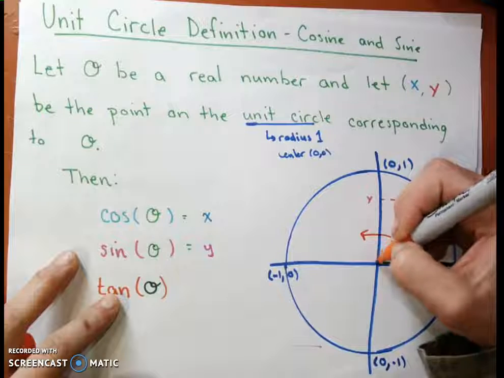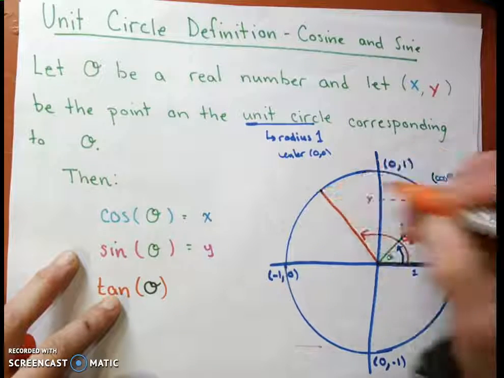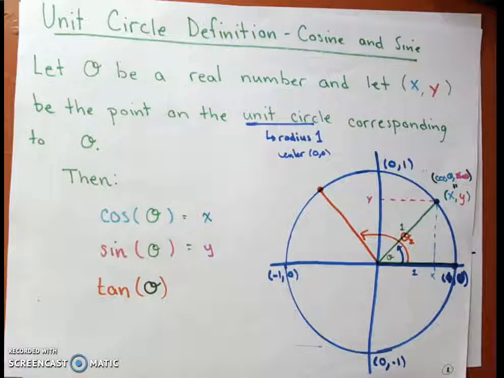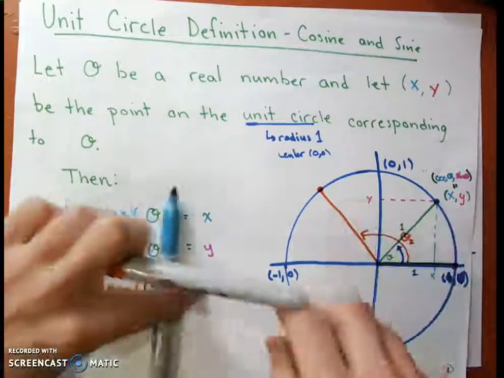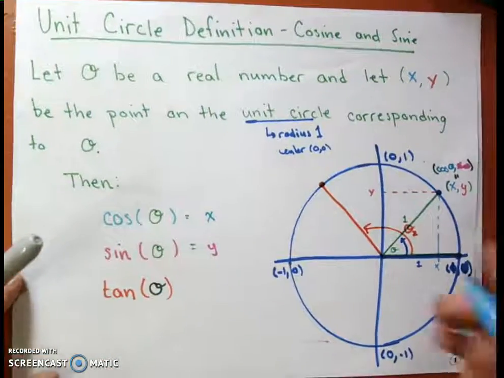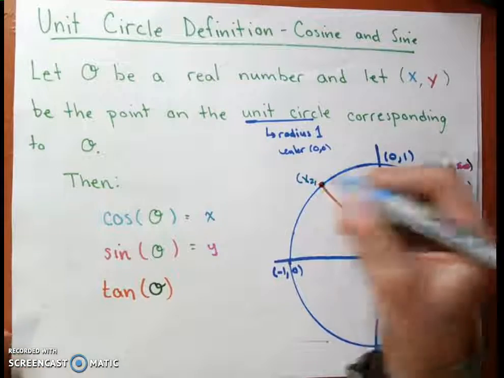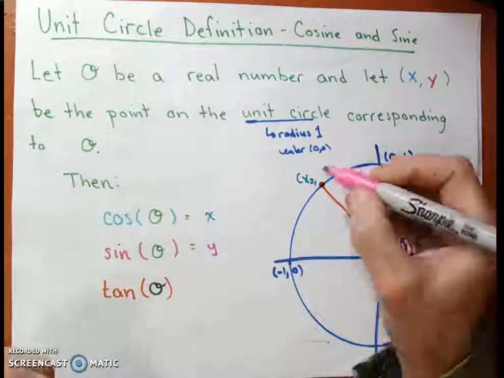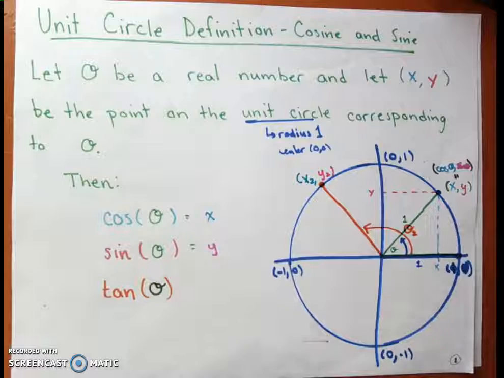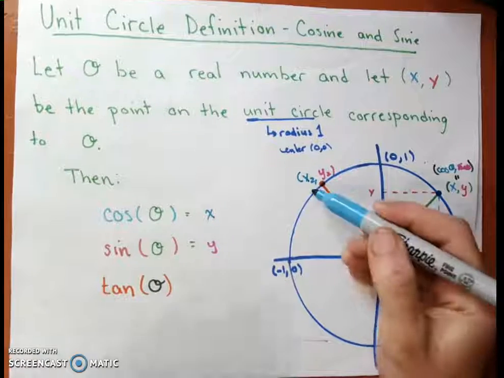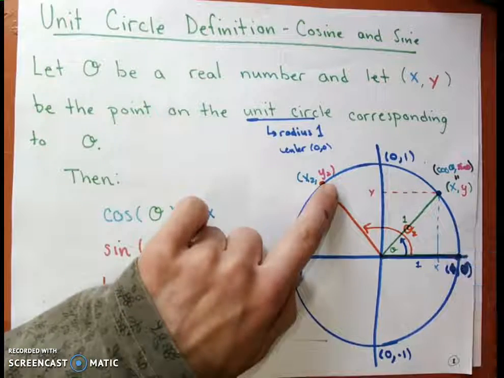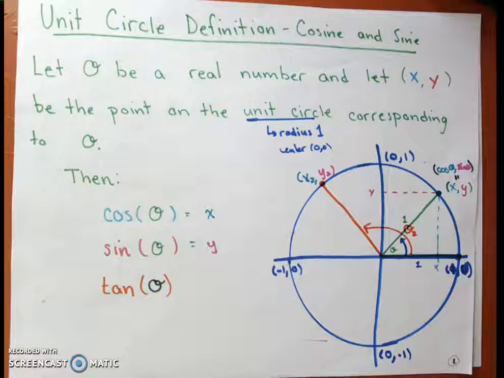So now I've gone this far. I draw the radius in. Here's my new point. It has different coordinates. So this will be x2, comma, y2, different values for x and y. And so x2 is cosine of theta 2, and y2 is sine of theta 2.